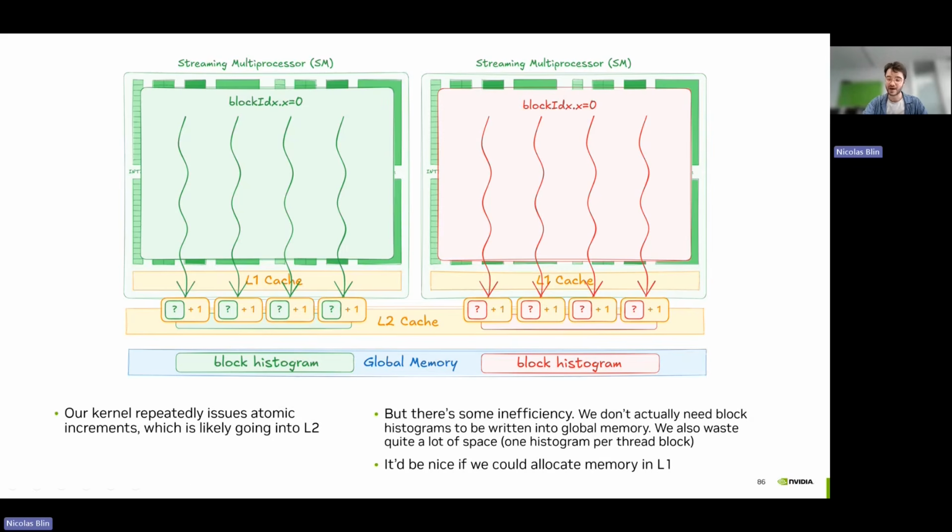If we could allocate this block histogram in the L1 cache directly, that would be extremely efficient for us. We would not be wasting memory in the global memory, and it would also go faster because we would be directly reading and writing from the L1 cache.